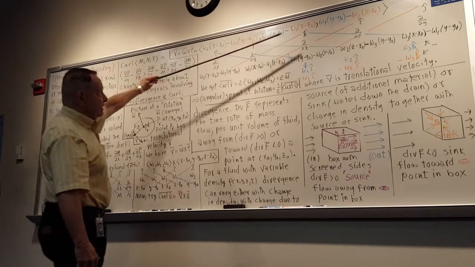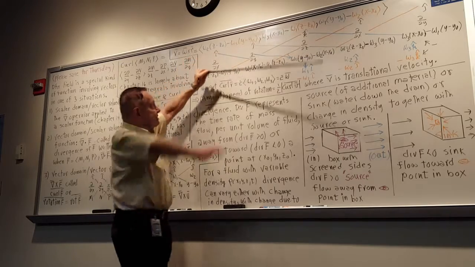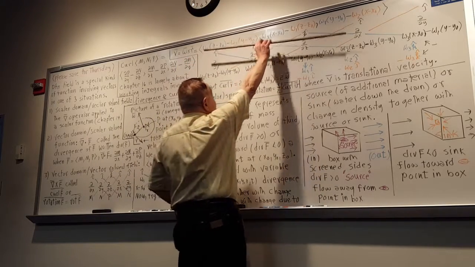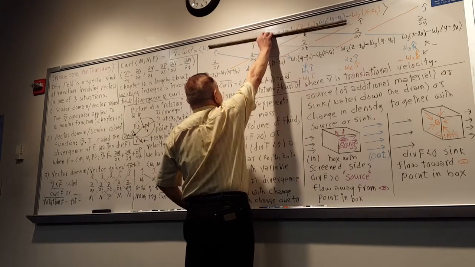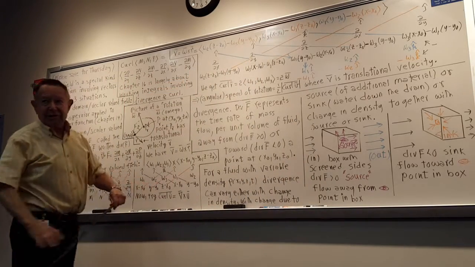So what I'm doing here with my blue and orange arrows is del cross this. So how do you do the cross product again?